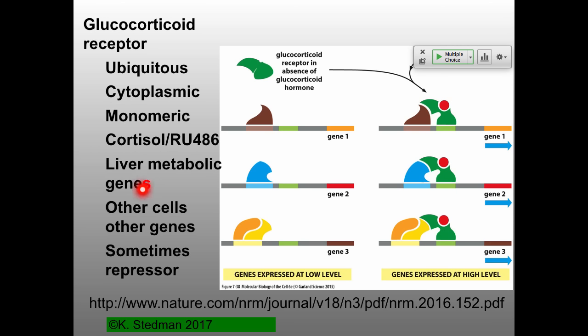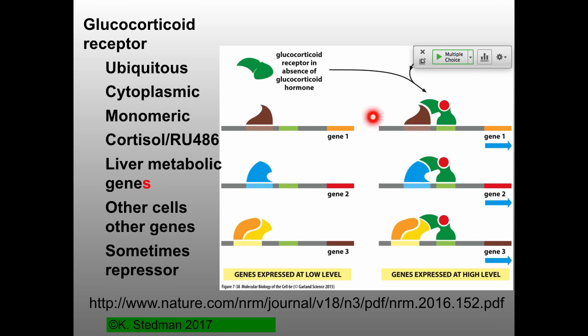But it turns out that this particular response, the stress response, goes all over the body and does lots of different things in lots of different places. And a lot of that is going to depend on who the partners are for the receptor once it gets inside the nucleus, again, in the presence of this drug actually being bound to it.